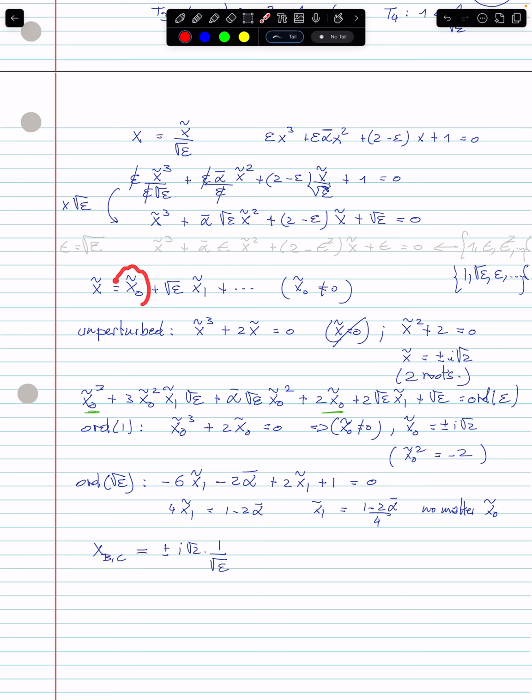It was the leading term in x tilde, and it enters in the rescaling here. So this is why I have 1 over epsilon here. Then the next term will be plus 1 minus twice alpha bar over 4, and that's it, plus terms of order epsilon here.